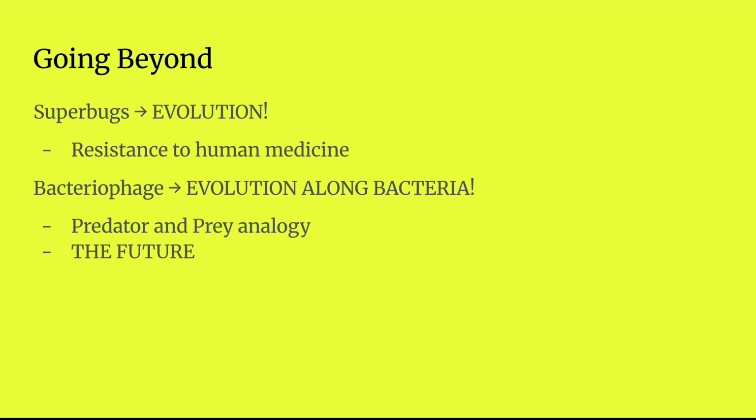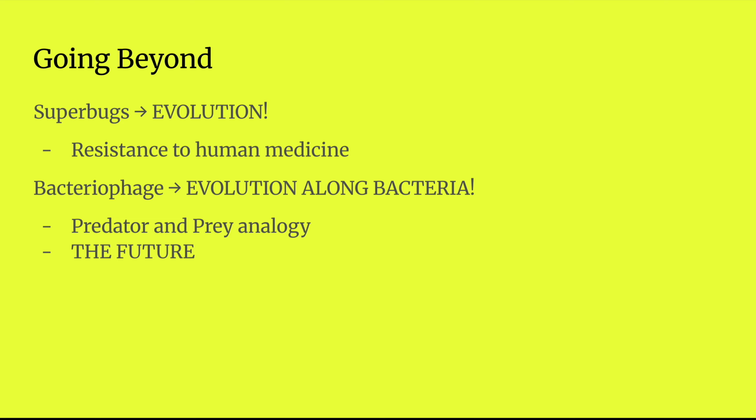So, since we learned about the characteristics of the bacteriophage, let's go a bit beyond this. Since humans have discovered penicillin and antibiotics, they have created numerous kinds of medicine and antibiotics that killed many kinds of bacteria.